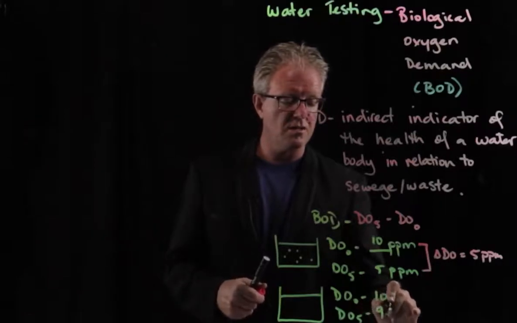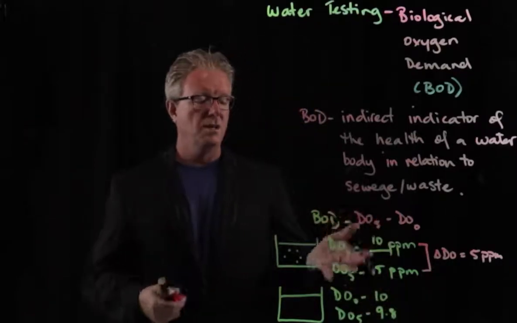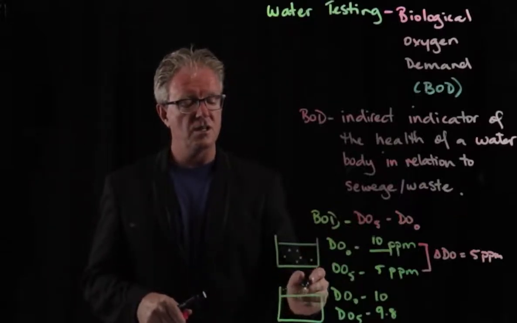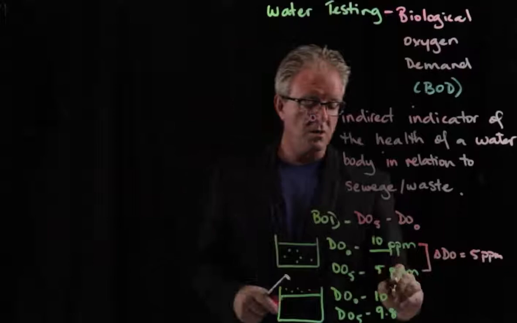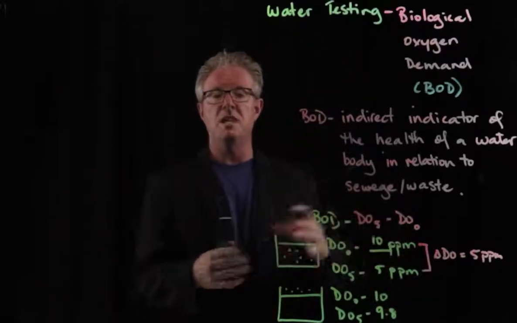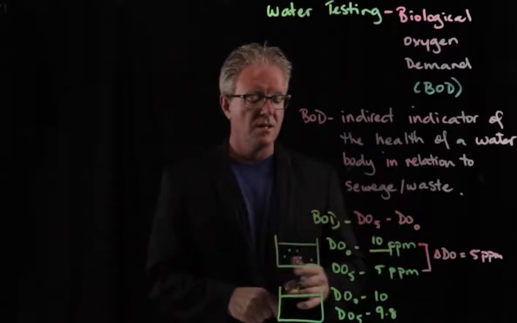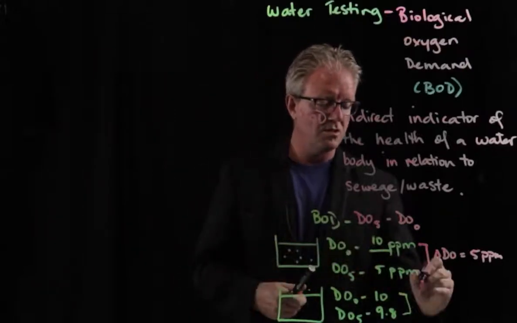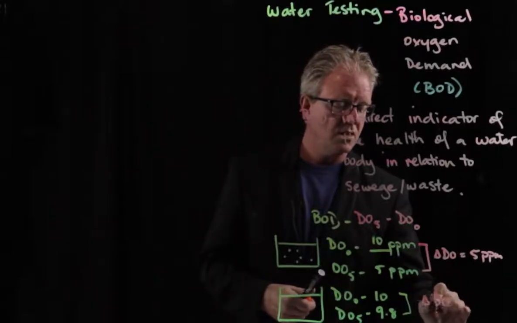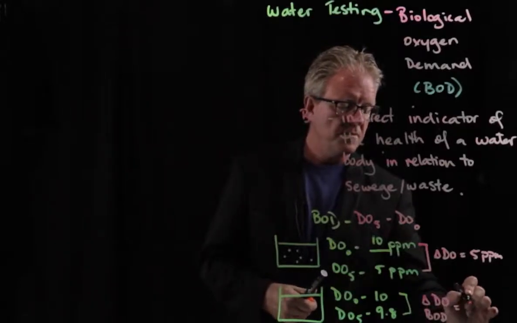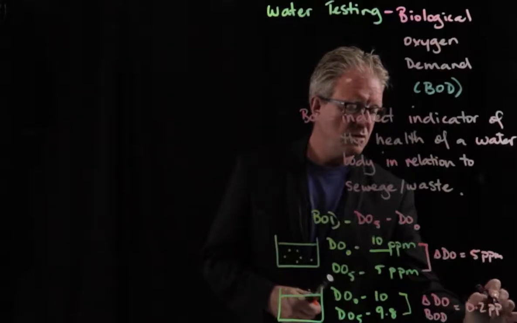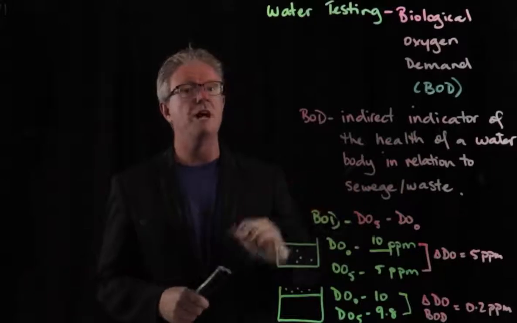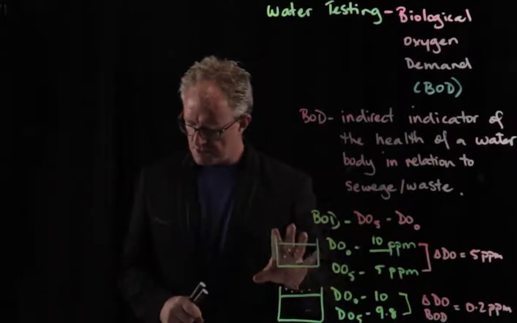Let's say it's gone to 9.8, because you might have had some oxygen lost into the space up the top there. There are no microorganisms present, and maybe in the time you've taken the sample out and tried to test it, you get a slight amount of loss. So the change in dissolved oxygen, that is BOD, is 0.2. The smaller the BOD, the better. The higher the BOD, we have a problem, Houston. So that's what BOD is.